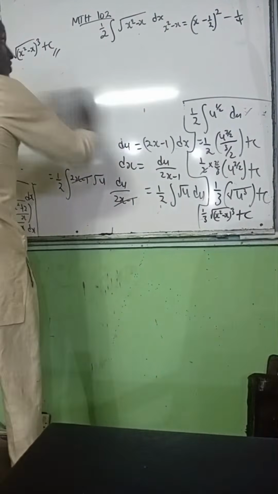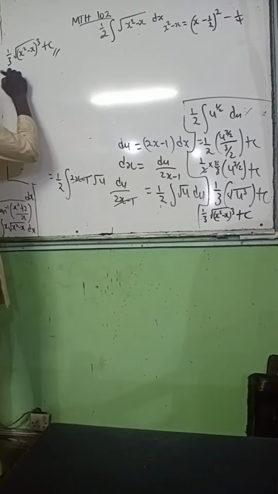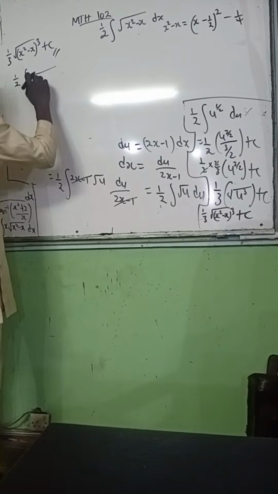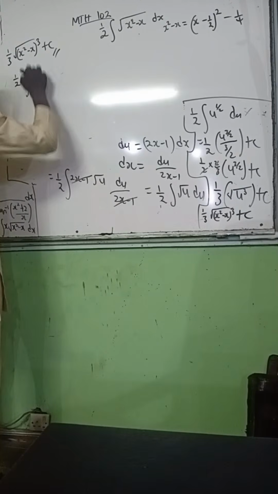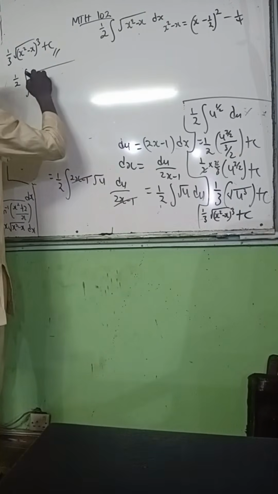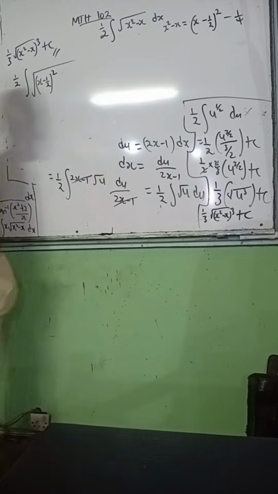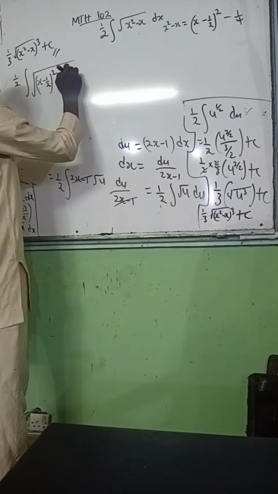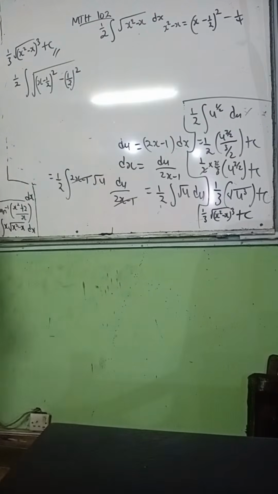So it's very, very interesting. Now, here we have 1/2 integral of square root of x minus 1/2 all squared minus 1/4. I can write my minus 1 over 4 as minus 1 over 2 all squared, isn't it?